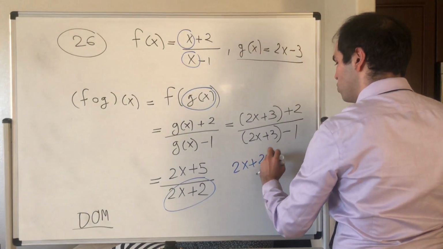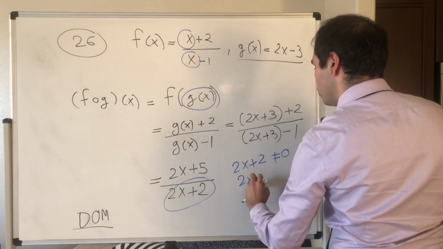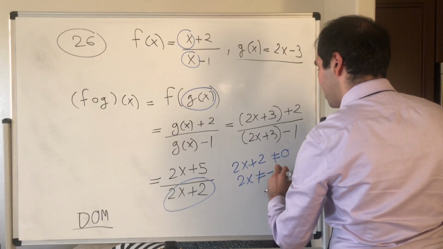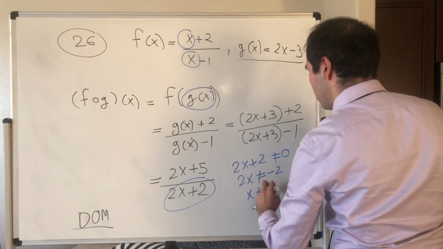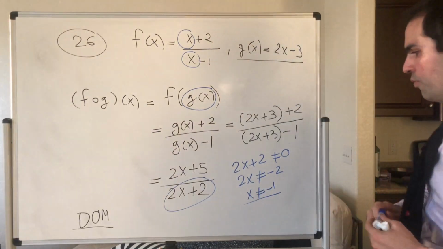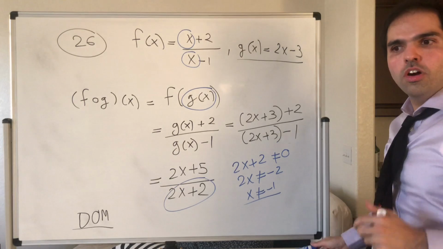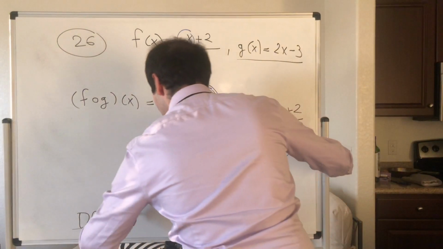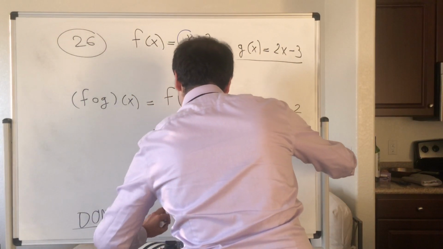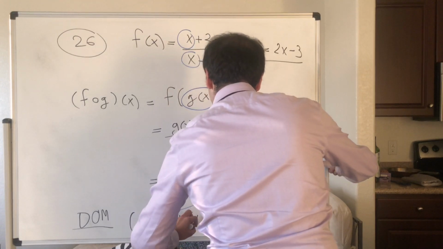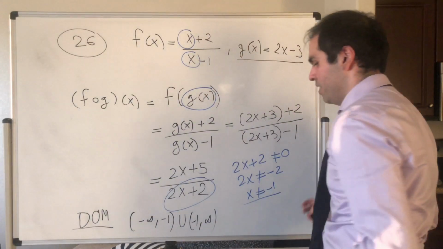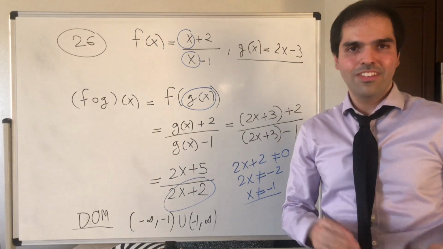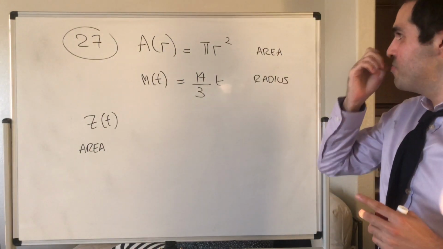So 2x plus 2 non-zero, so 2x not equal to minus 2, so x not equal to minus 1. Which means the domain is all the numbers other than minus 1, which you can write as minus infinity comma minus 1 union minus 1 comma infinity.